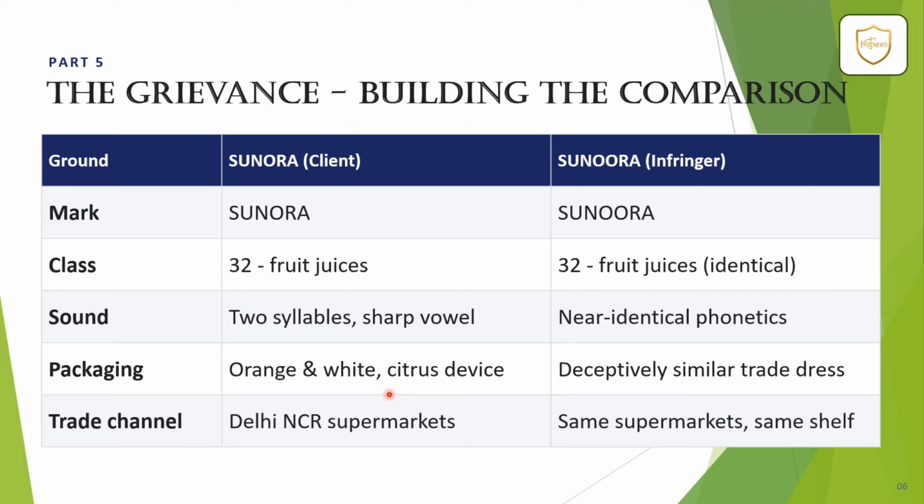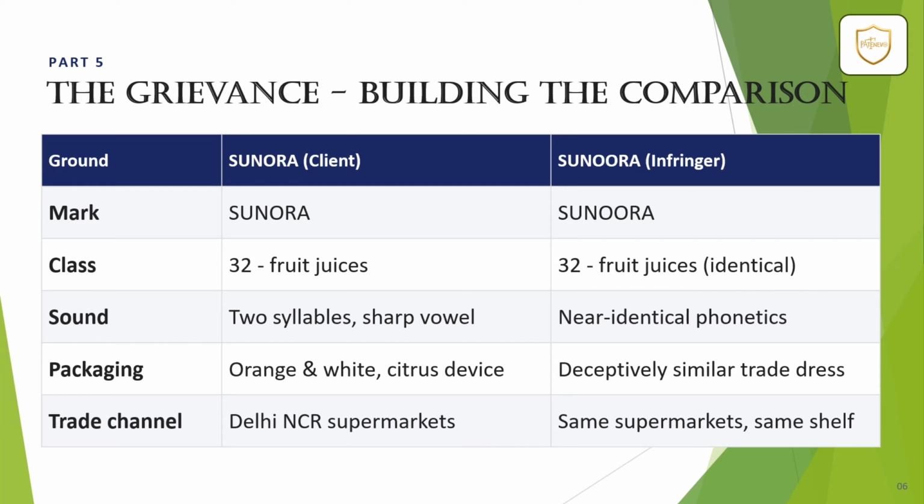So in the actual notice, I drafted this as four lettered subpoints. And I want you to understand why I do this instead of writing one long paragraph. Because if I write one giant paragraph and one part of my argument is weak, it can drag down the whole paragraph's credibility.